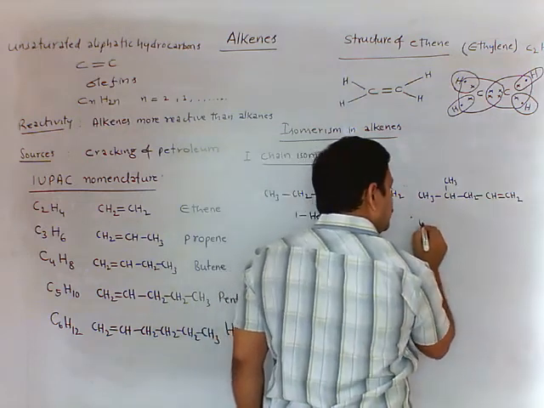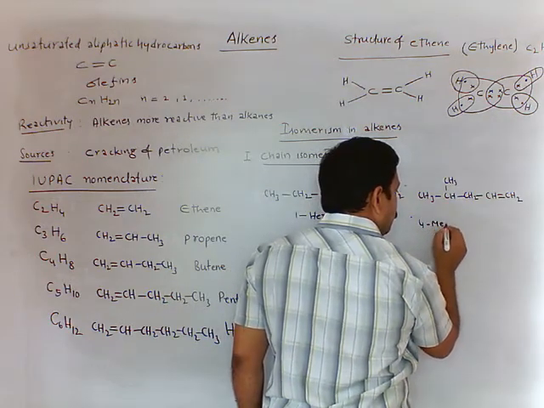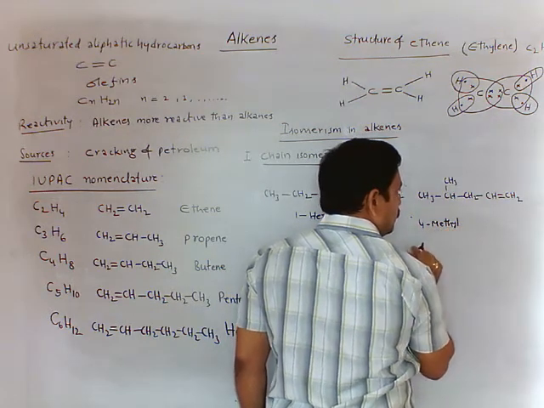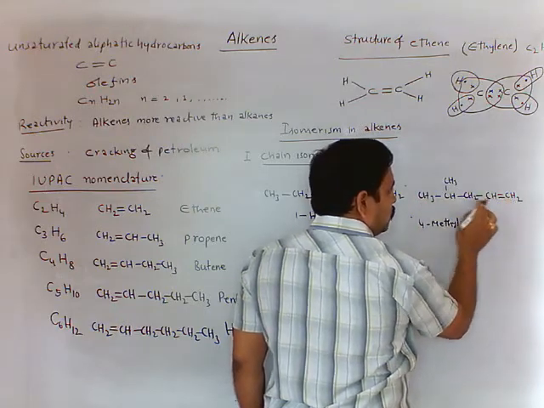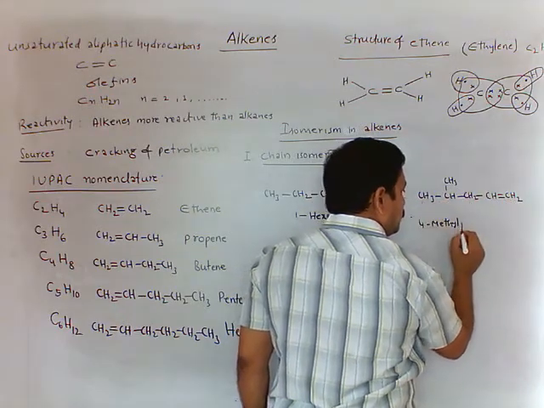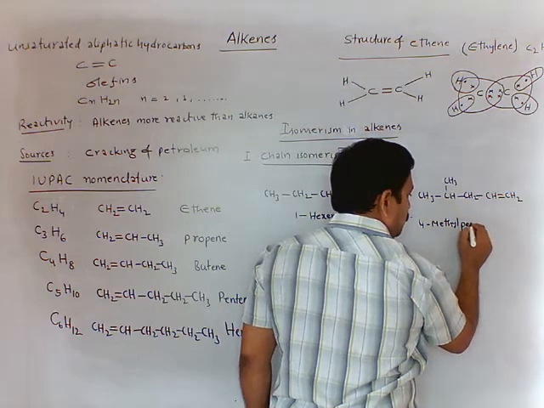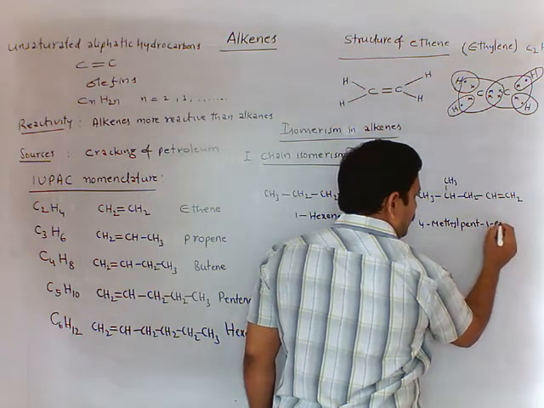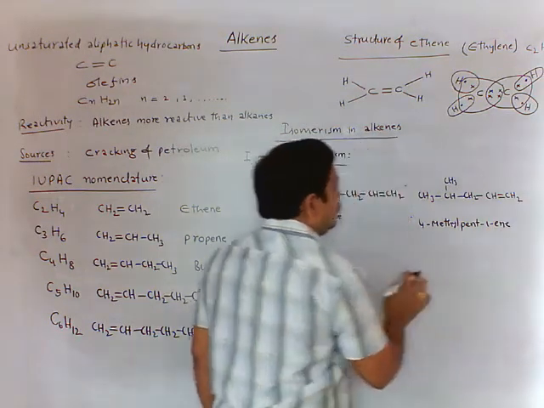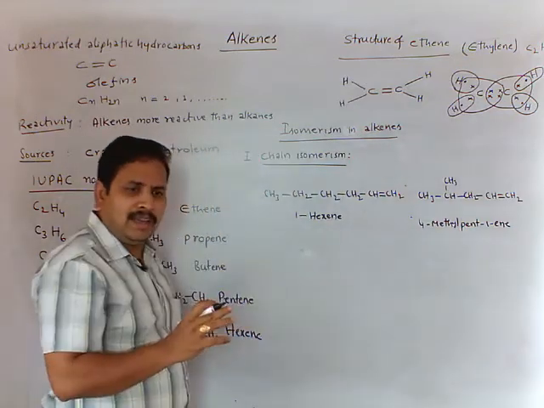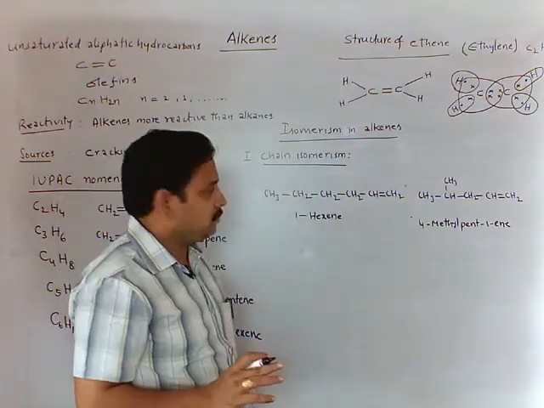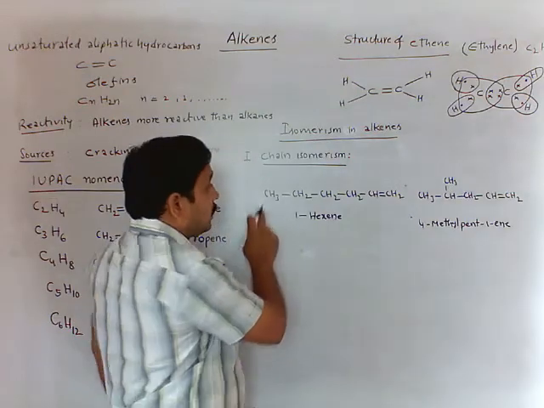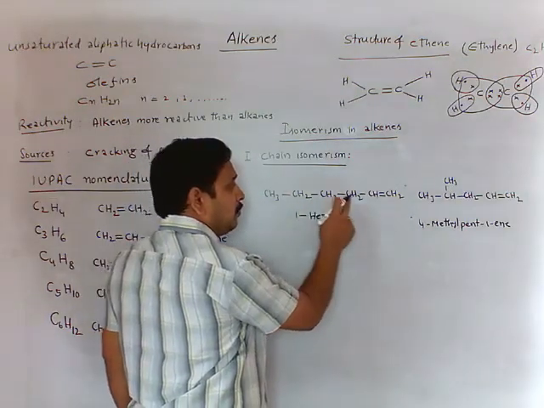So its name is 4-methyl, 5 carbons, pent-1-ene.